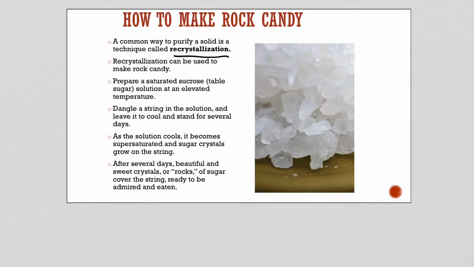We can accelerate this recrystallization process, and it'll start to crystallize out on the string. This is how we get rock crystals, or what's sometimes called rock candy, by recrystallizing that sugar out of water. And that sugar will be pure, maybe even purer than the sugar that we dissolved if there were any impurities in there.